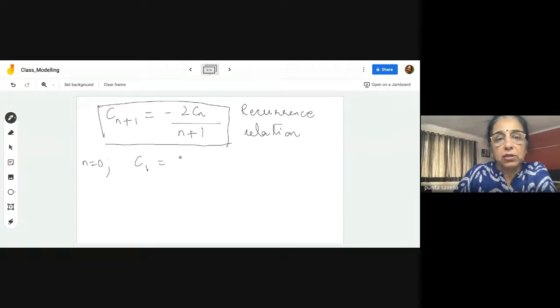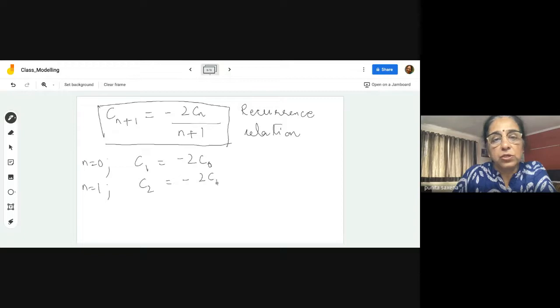C1 equal to minus 2C0. Is that okay? When n is 1, the left-hand side becomes C2. What is that equal to? Minus 2C1 upon 2, since n is 1. But what was C1? Minus 2C0. So this becomes 2 by 2 into 2C0.